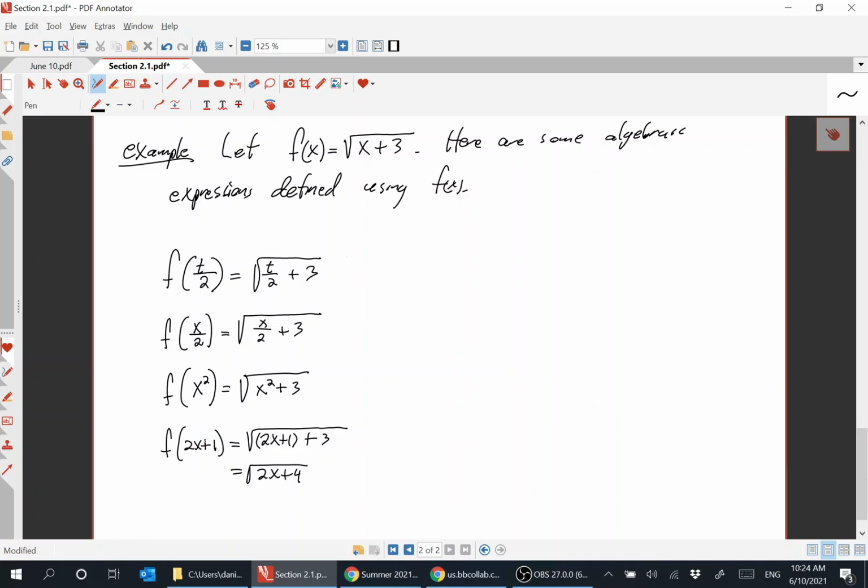What you could also do is something like this: f of x over 2. So this is an algebraic expression defined using f of x, but we're taking the entirety of f of x and dividing it by 2. So what would that look like?